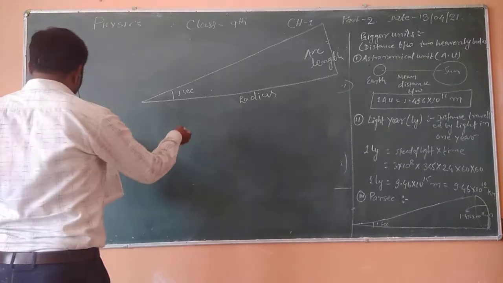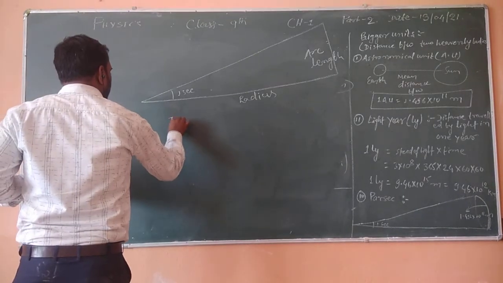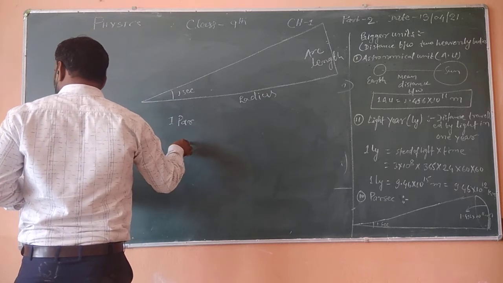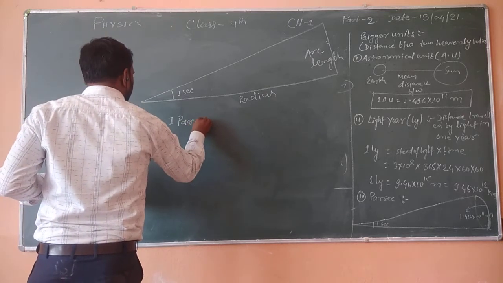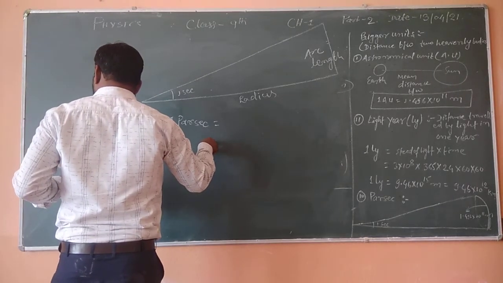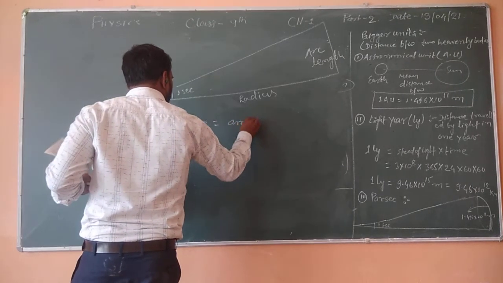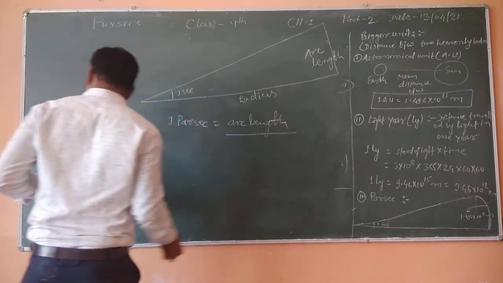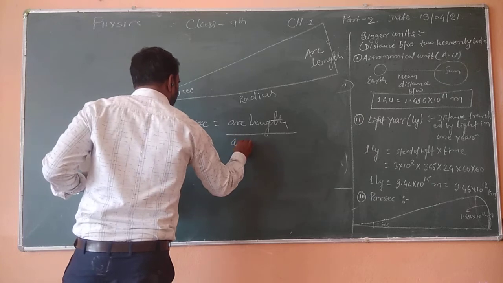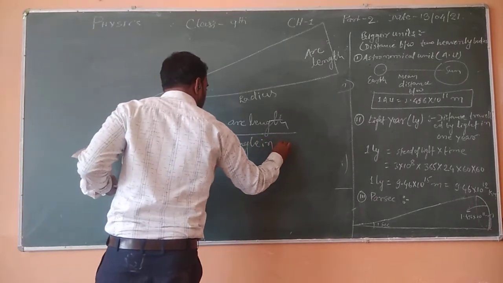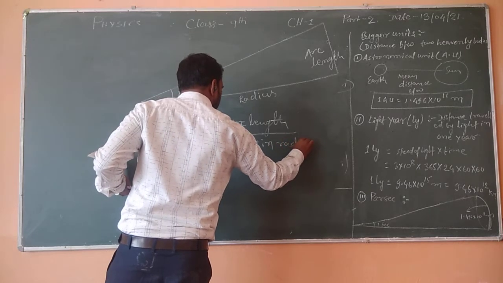1 parsec is arc length upon angle in radian.